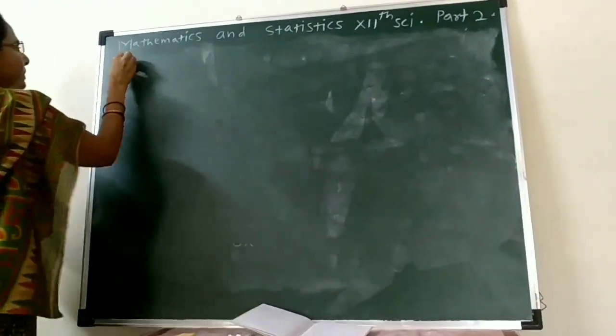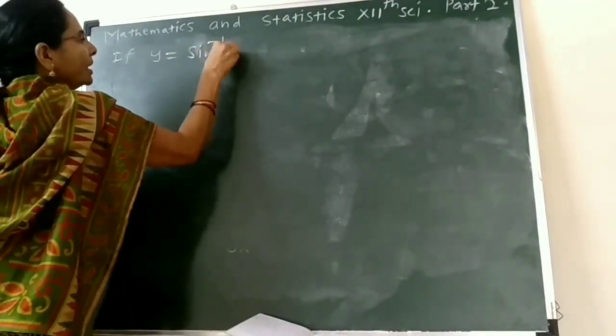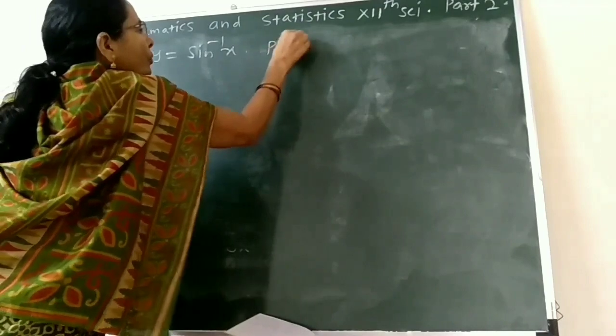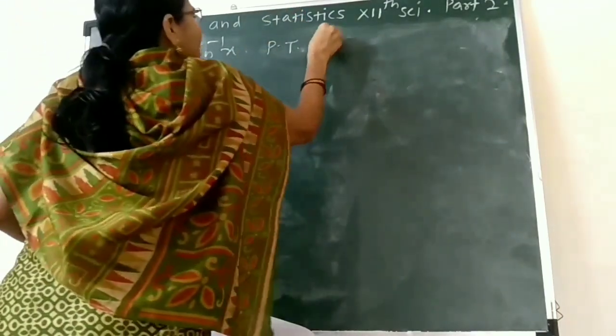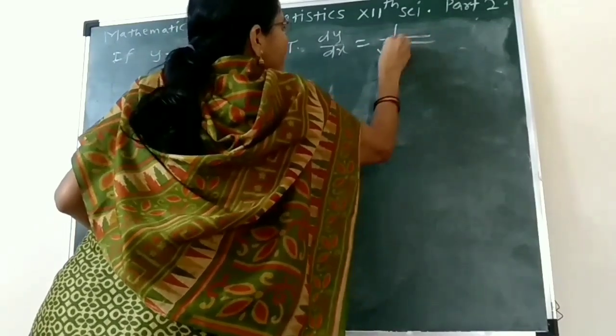Question is, if y is equal to sin inverse x, then prove that dy by dx is equal to 1 upon root 1 minus x square.